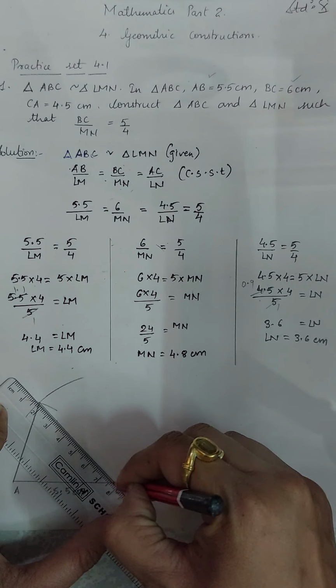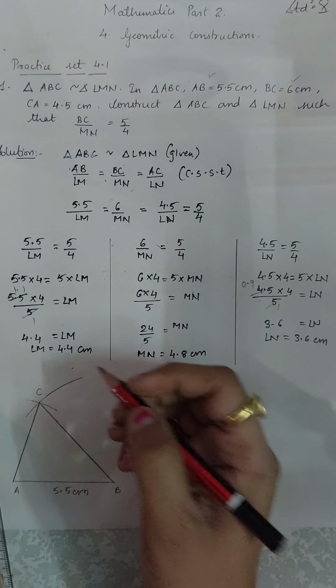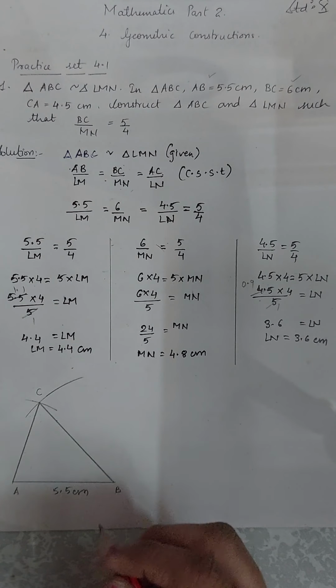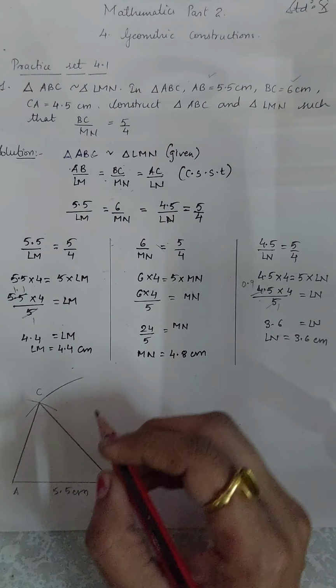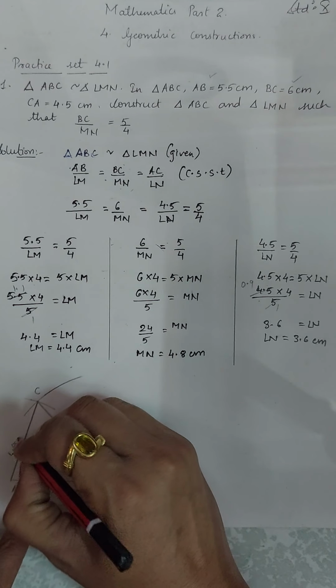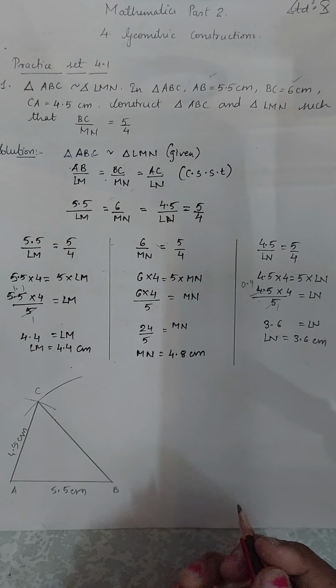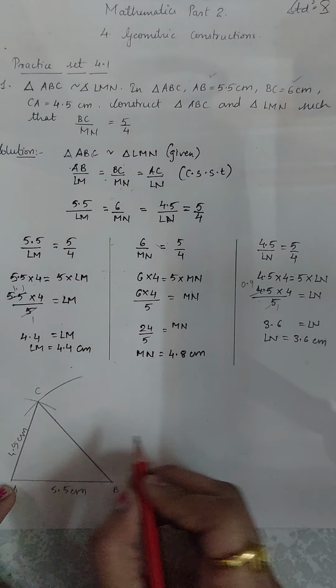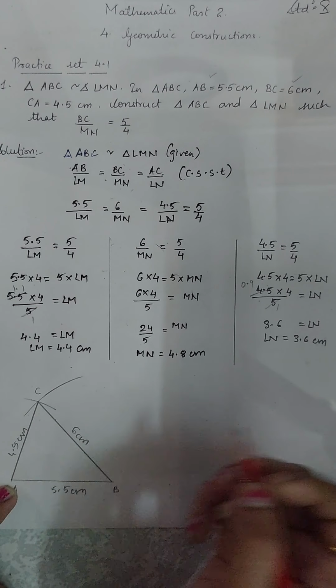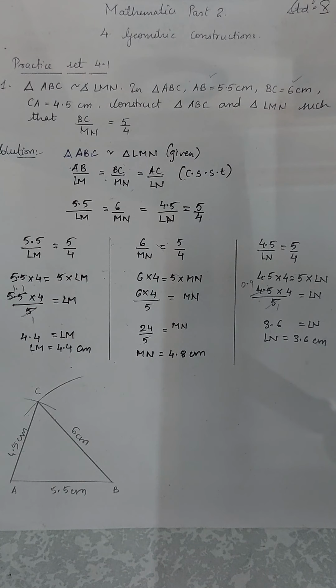So this is our triangle ABC. CA is 4.5 centimeter. BC is 6 centimeter. So we have just finished drawing one triangle.